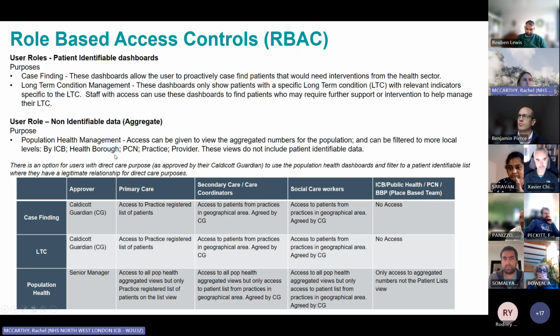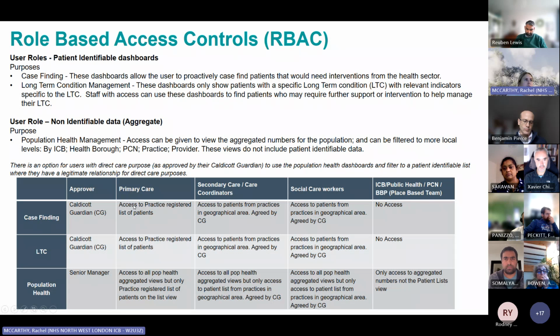Now, the table at the bottom here shows us, by different groups of people requiring access and those different purposes I've just talked about, what type of access individuals would get. So we've got primary care, secondary care or care coordinators, social care workers, and then ICB, public health, PCN, or place-based team types of roles.